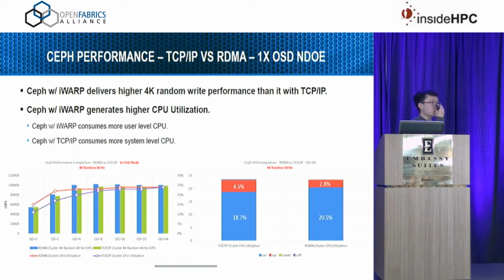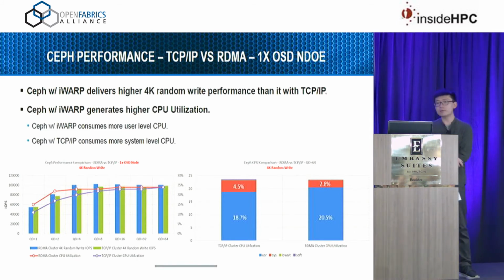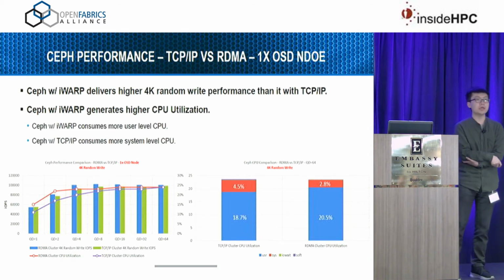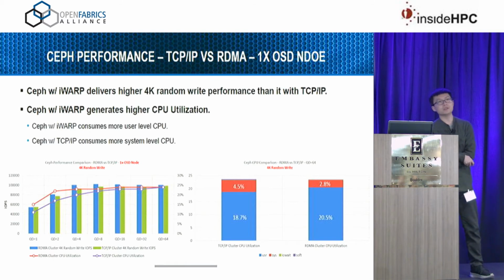So here is the benchmark result. The good news is Ceph with iWARP delivers higher 4K read-write performance than it does with TCP/IP. But the bad news is Ceph with iWARP generates higher CPU utilization.